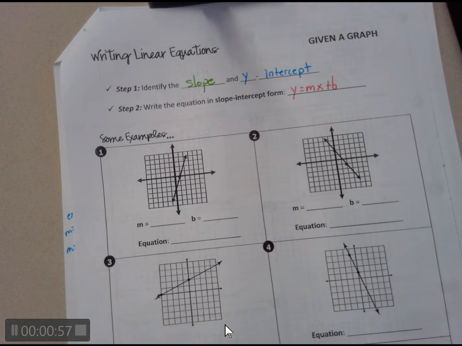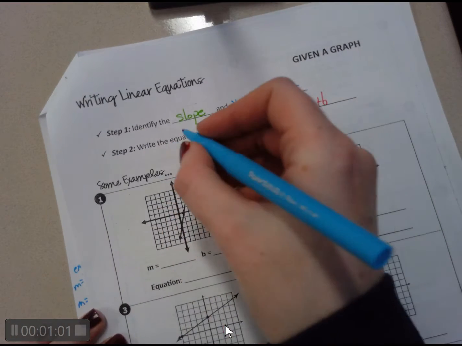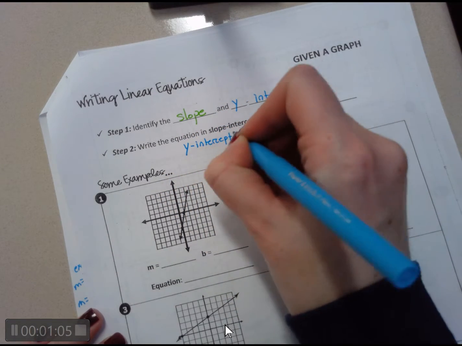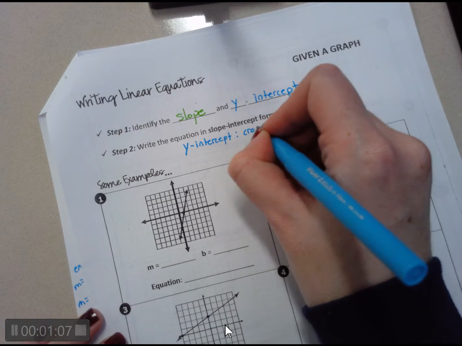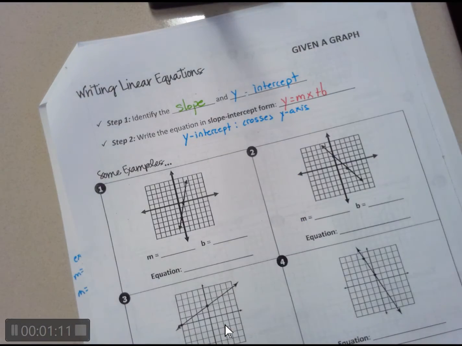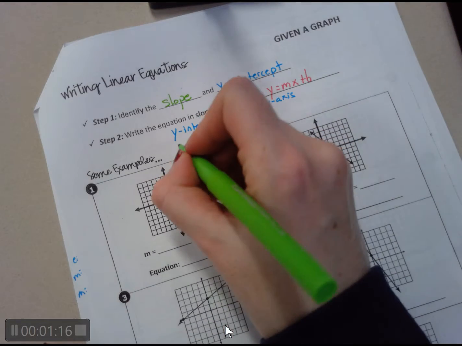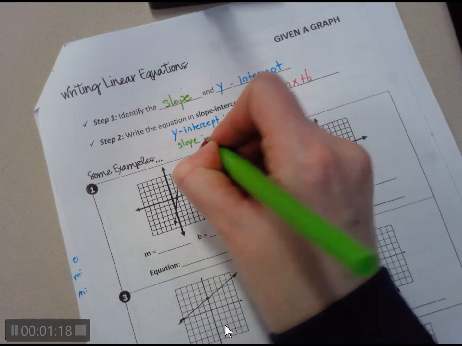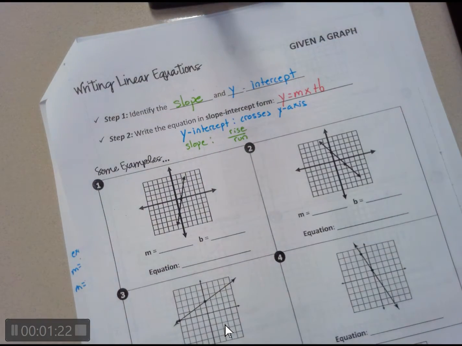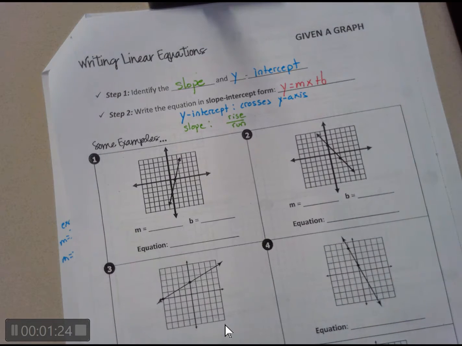But how do I identify our y-intercept? Our y-intercept is where it crosses the y-axis. And our slope is our rise over our run. Remember the triangle thing? Okay.